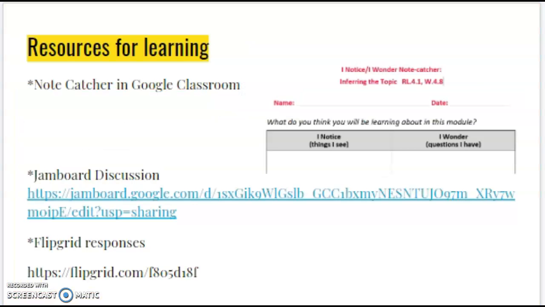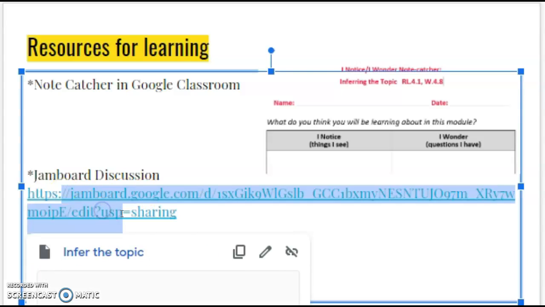Okay. So here are our resources for learning as we work on this lesson. Today you're going to use a note catcher, which will be linked to your Google Classroom, and it's something similar to this. It's an I Notice and an I Wonder note catcher. We will talk more about this in a little bit. The second resource you're going to need is your Jamboard resource. So here's your link to the Jamboard.